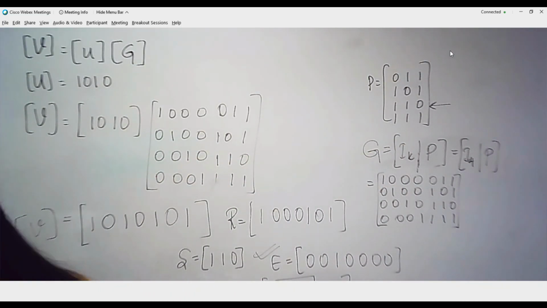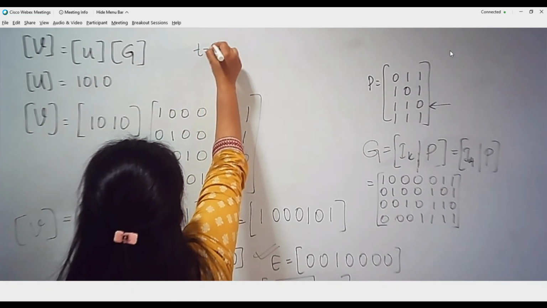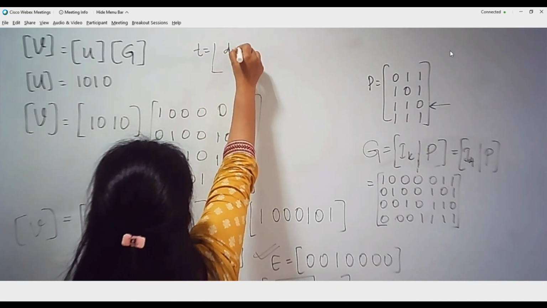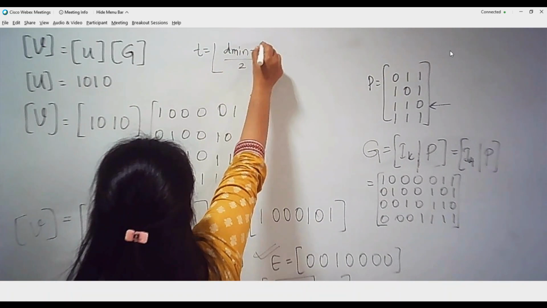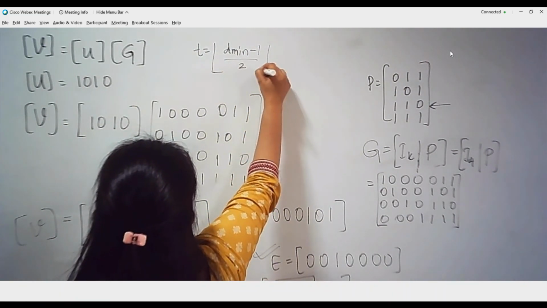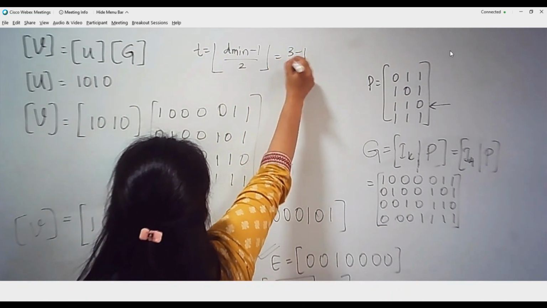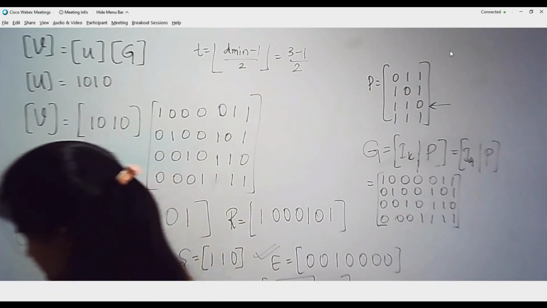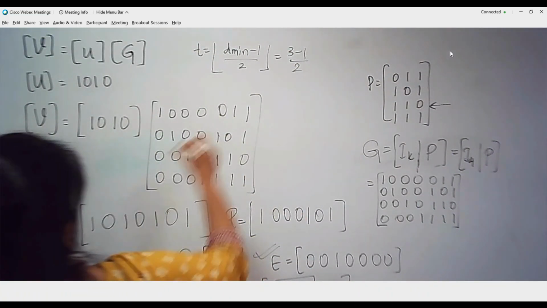The error correcting capability T can be found as I said. It is (d min minus 1) divided by 2. D min is already known to us, which is 3, so (3 minus 1) divided by 2 is equal to 1.